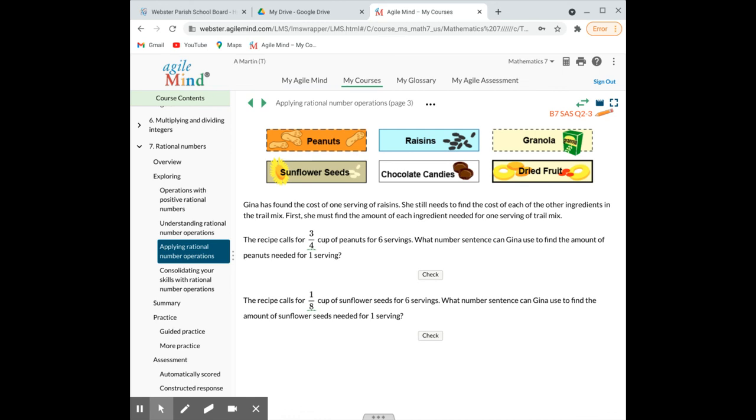But we know that 1 cup needs to be split into a 12th because it said that we're using 1/12 of a cup of raisins. So that's why they had to do 43 cents divided by 12 or 43 cents times 1/12 to get 4 cents per 1/12 cup of raisins. So remember that while you're working on this.